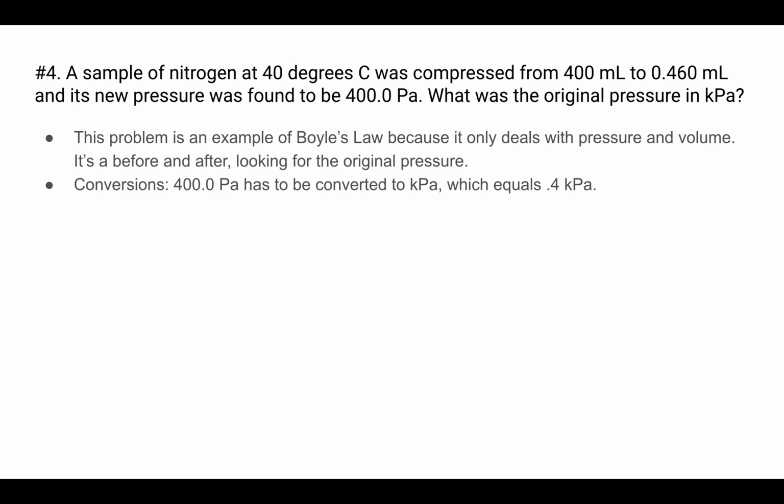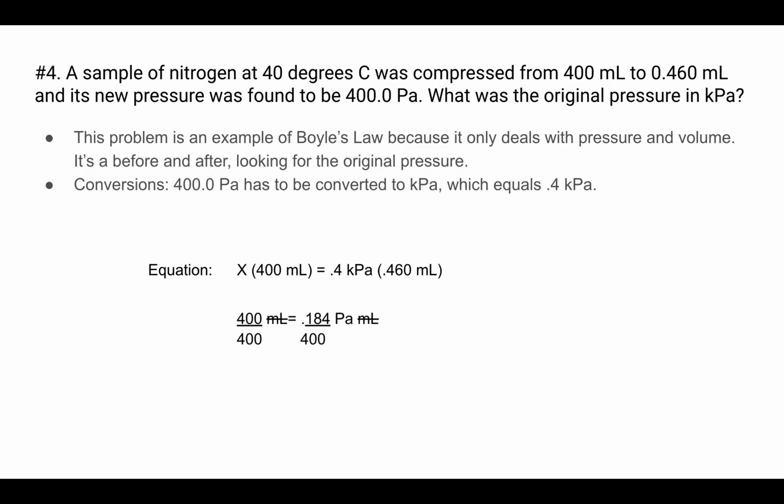So this problem is an example of Boyle's law because it deals with pressure and volume, and it's also a before and after. So the conversion would be going from pascals to kilopascals, which is equivalent to 0.4 kilopascals. This would be the equation: X, the unknown pressure, multiplied by 400 milliliters equals 0.4 kilopascals times 0.460 milliliters.